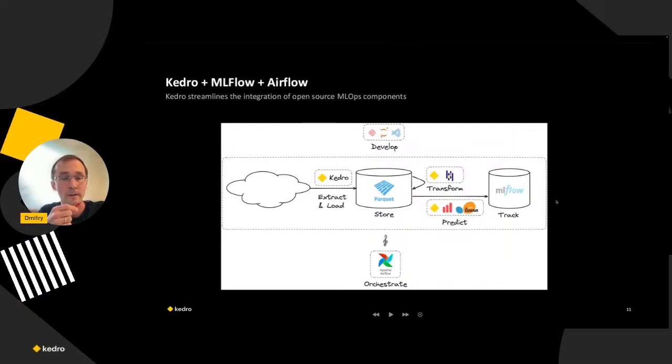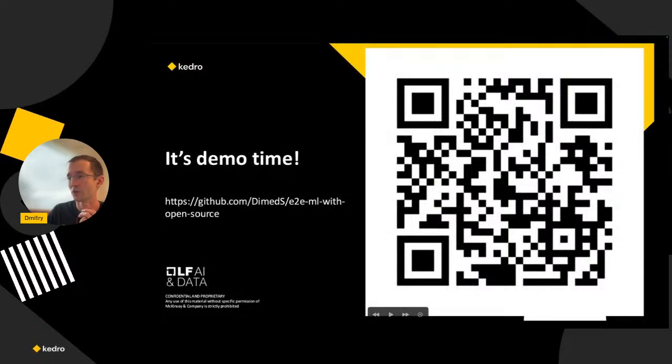And we will combine it with development tools, showing how to use Kedro in VS Code, Jupyter notebooks, and Airflow. Airflow is one of the most popular orchestrators that allows you to deploy and run your machine learning products. So currently I'm switching to the demo.